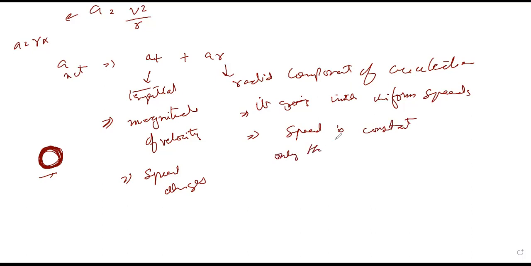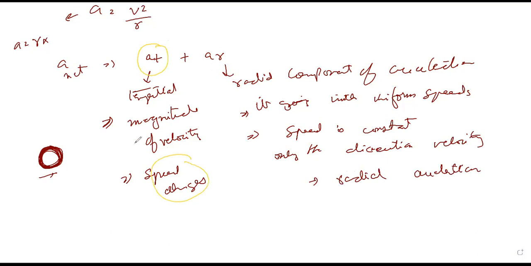Only the direction of velocity changes, which gives us radial acceleration. What we have to keep in mind is that tangential acceleration is gained from the change in speed, where the magnitude of velocity changes, and the radial component of acceleration is gained from the change in the direction of velocity. And how are these derived?